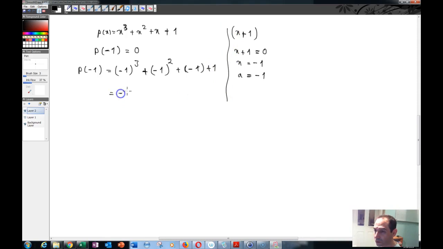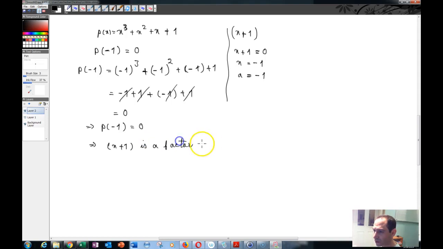Okay, so this is equal to negative 1 plus 1 plus negative 1 plus 1. So these two will cancel out, these two will cancel out, and you'll end with 0. That means that p of negative 1 is equal to 0, and what that means is that x plus 1 is a factor of p of x.